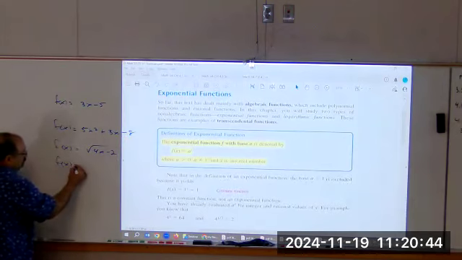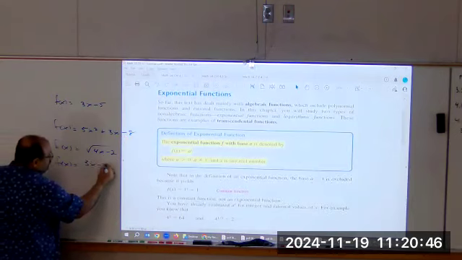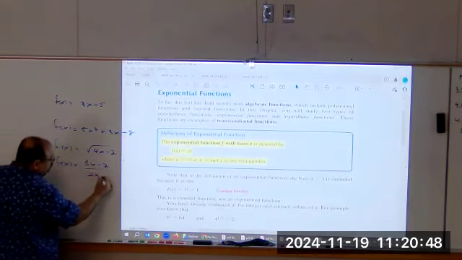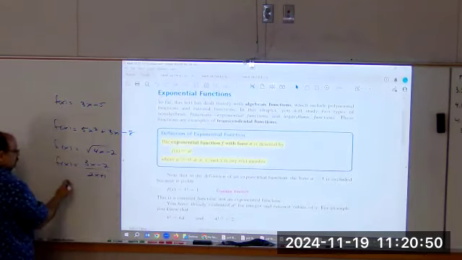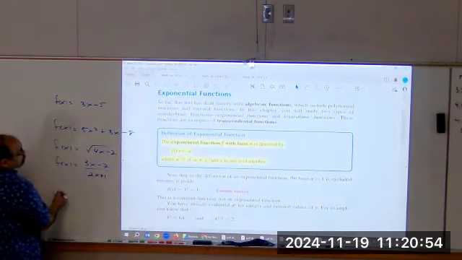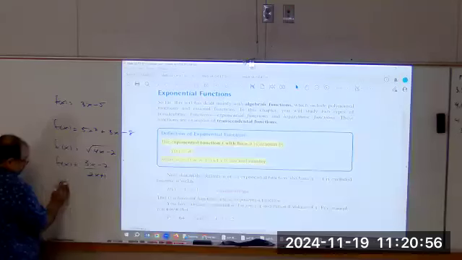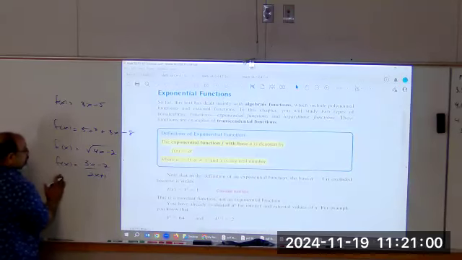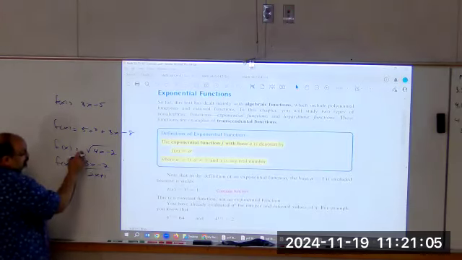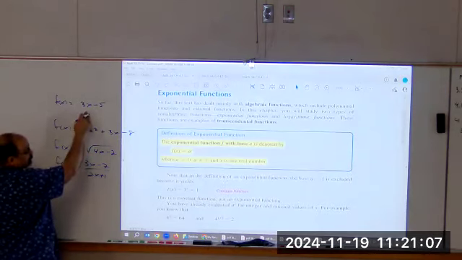F of x is equal to 3x minus 7 over 2x plus 1. For the most part, those 4 different kinds: rational, radical, polynomial, linear.